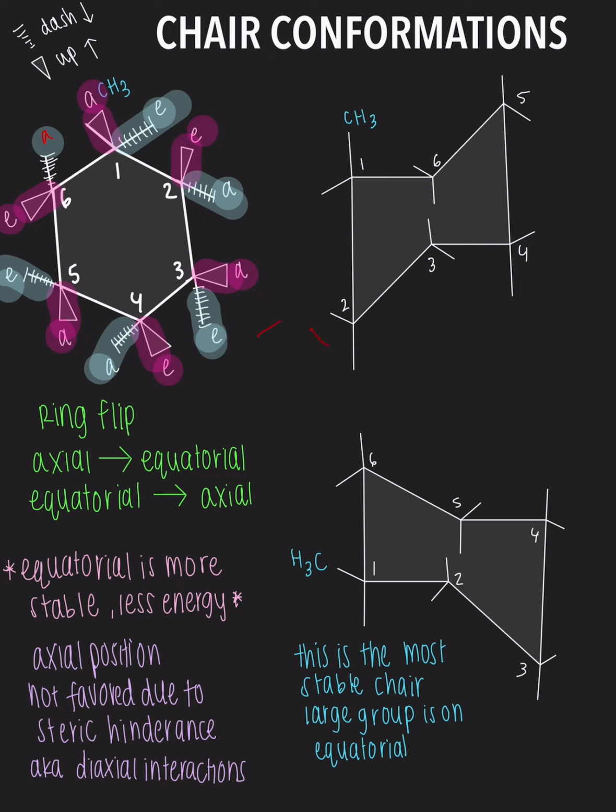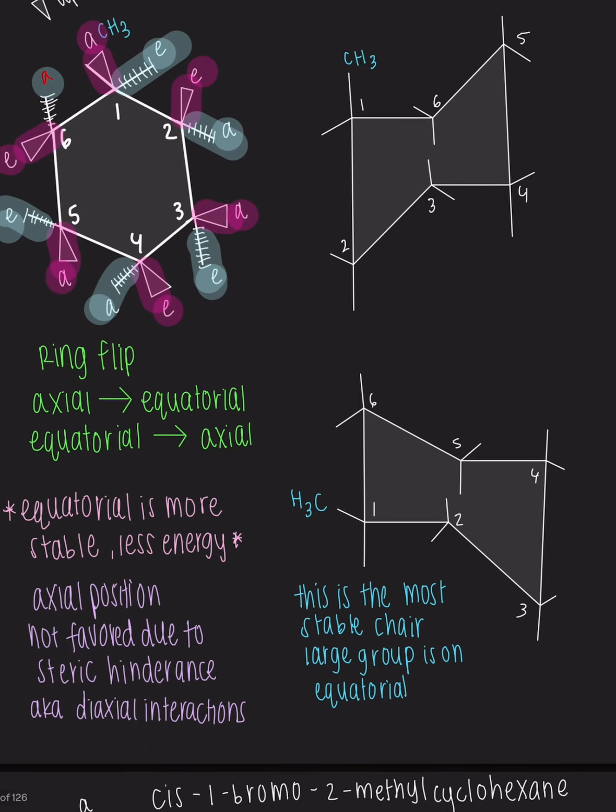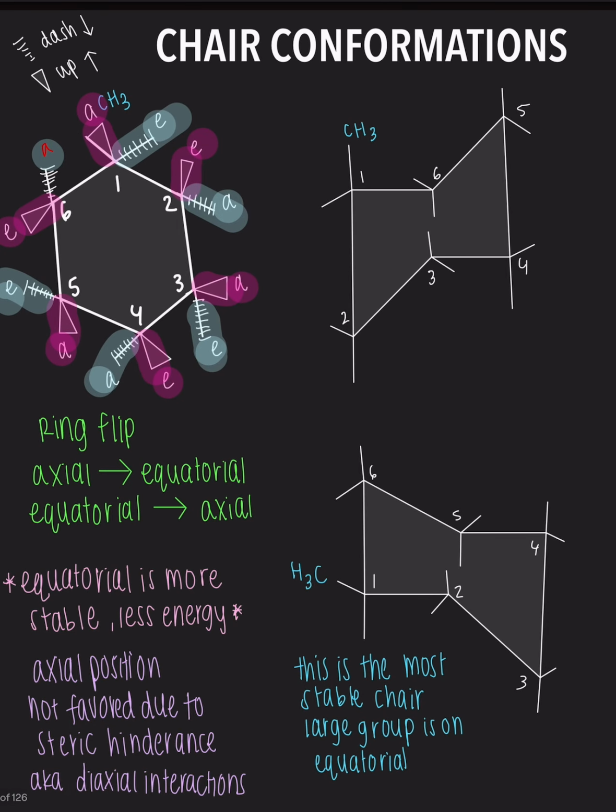You'll see right now. So again, this is my carbon 1. Again, here, if you look, this is CH3 on carbon 1, my CH3 on carbon 1 in the axial position, which is this. So then on carbon 2, what do I have?